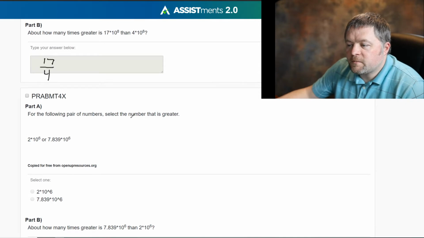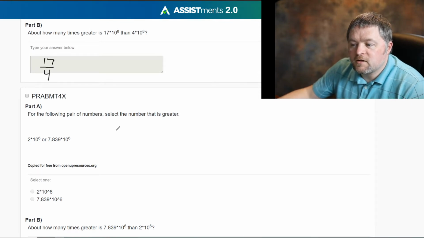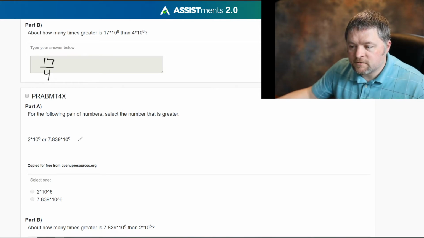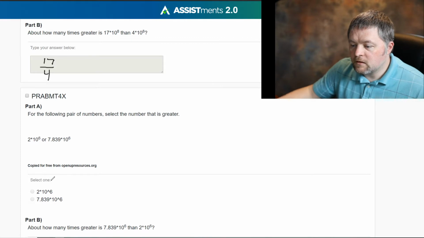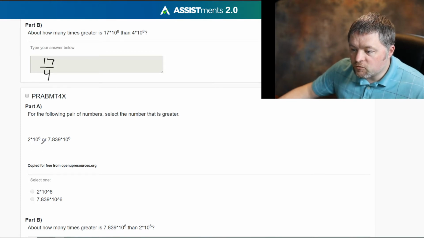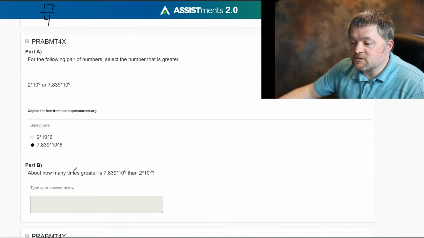For the following pair of numbers, select the number that is greater. We again have the same exponent for the scientific notation. Which one is greater, 2 or 7.839? 7.839 is greater.